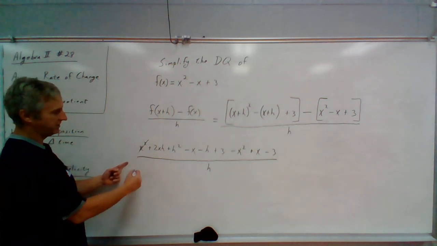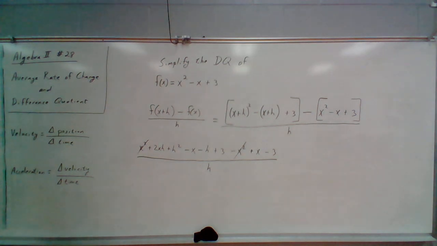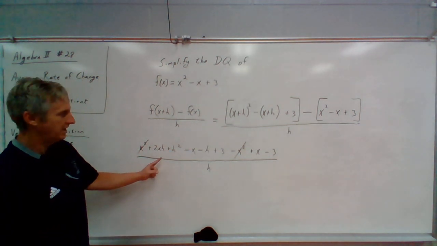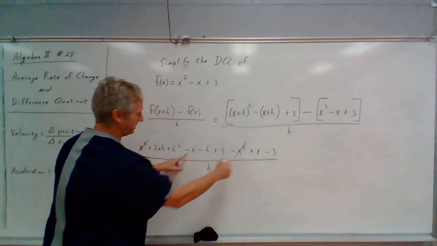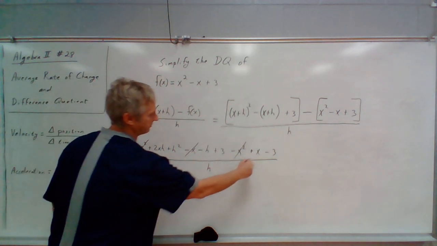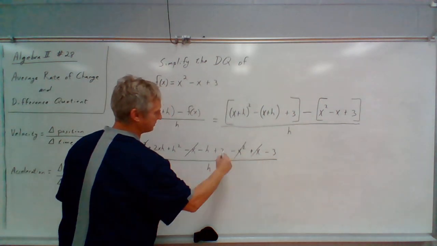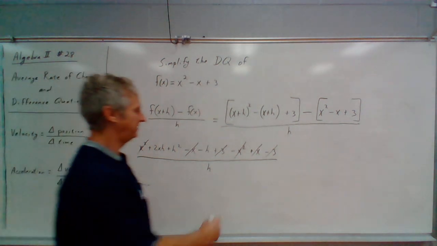I have an x squared minus x squared, so those cancel. Sorry about that. So my x squareds cancel out. And now, let's see, what else cancels? I have minus x plus x. Those go away. I have 3 minus 3. Those cancel.